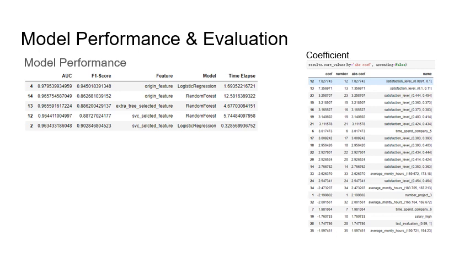So we check the coefficients of the logistic regression, and you can see that the satisfaction level between 0.09 to 0.1 has the highest coefficient, which means it contributes the highest effect to the target variable left.